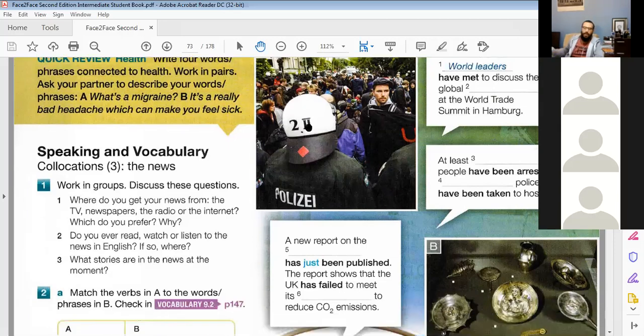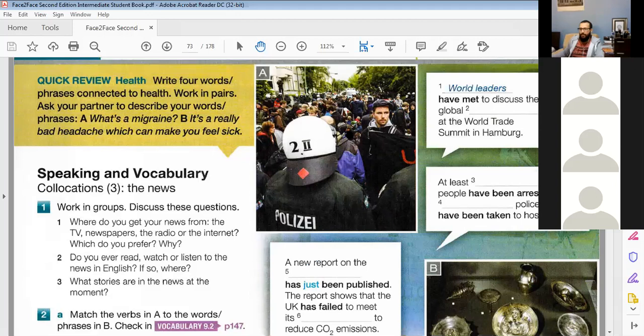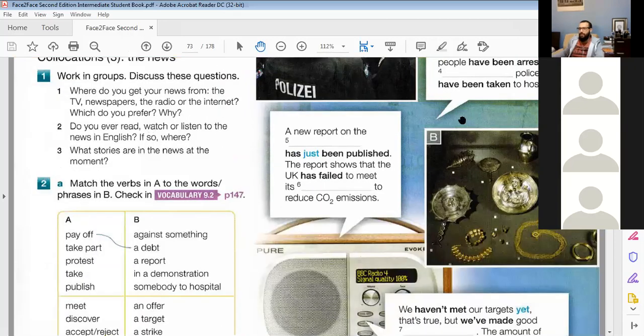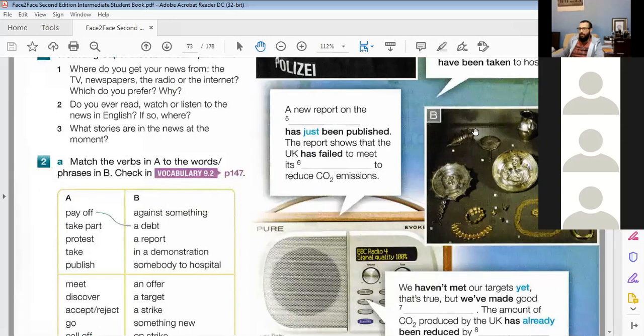What do you think? I don't know. There is no sign about anything. I don't know. All right. Okay, Malak, what's this in part B? What do you think is going on? What's the news report about in part B? What do you think?